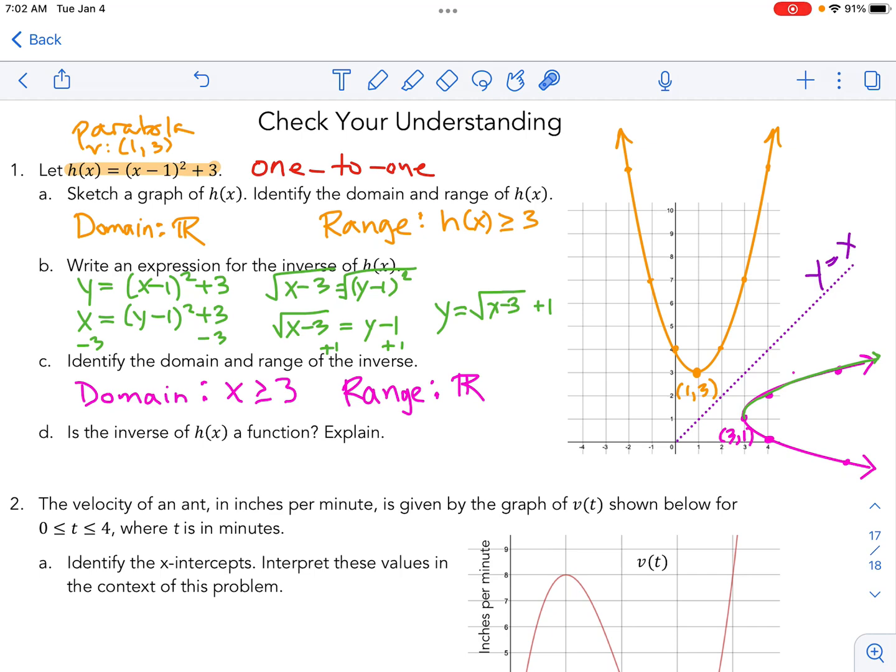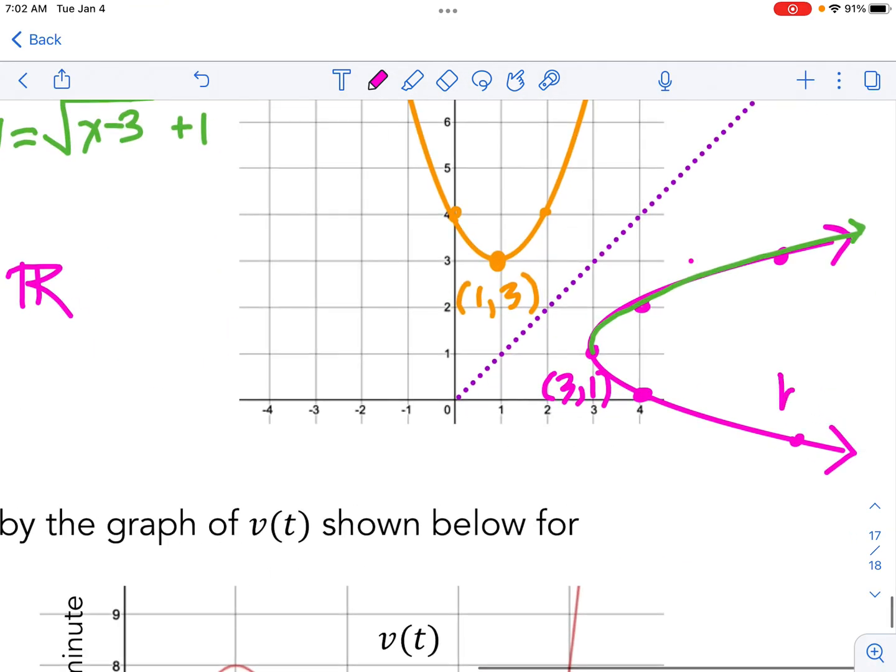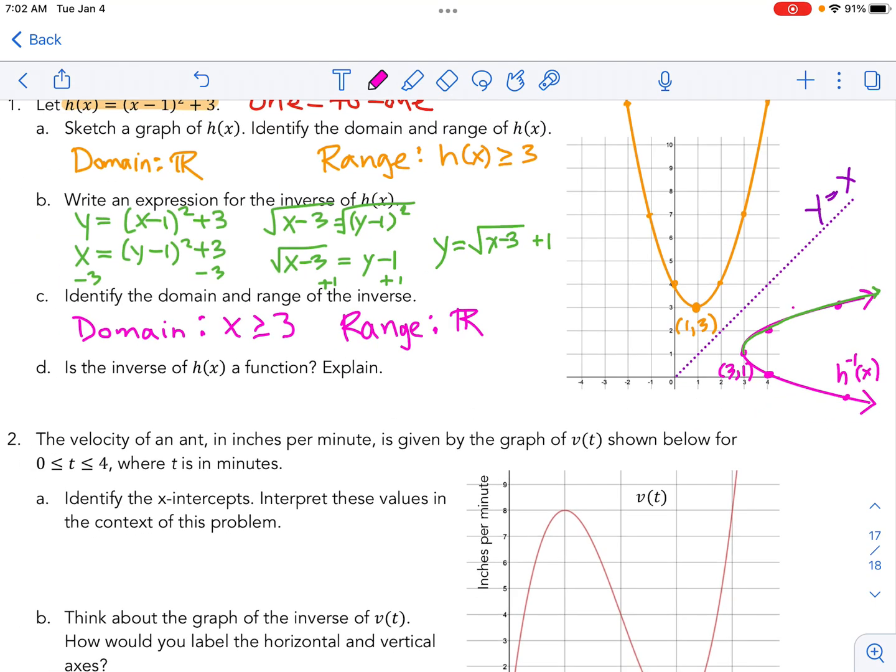And you got to ask yourself, if this is the inverse, right? This is h of x, so this is the inverse, h minus 1 of x. Is this inverse a function? So is h minus 1 a function? That's what it's asking.